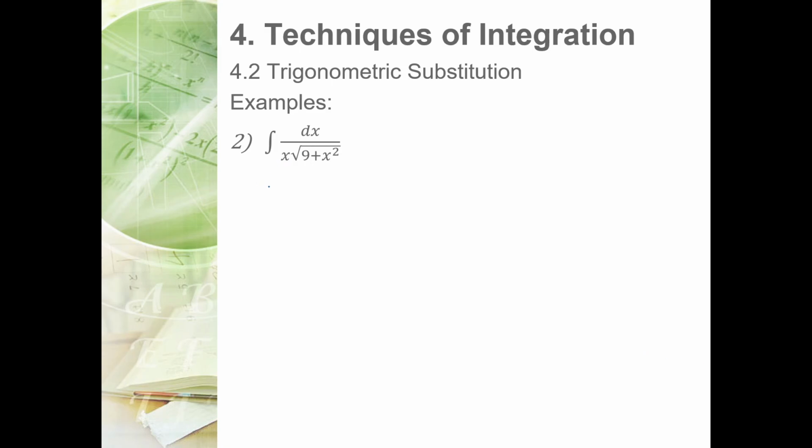Again, the format given is the same as a squared plus u squared, and this gives us the u equals a tangent theta formula. The next step is to declare the variables. a squared is 9, u squared is x squared. Get the square root of both sides: a is 3 and u is x.